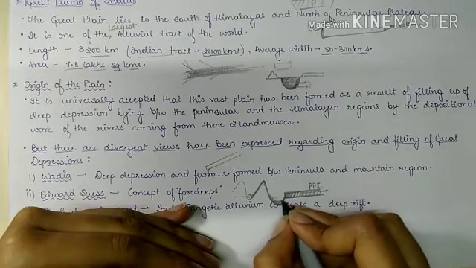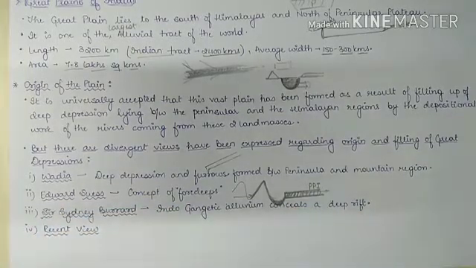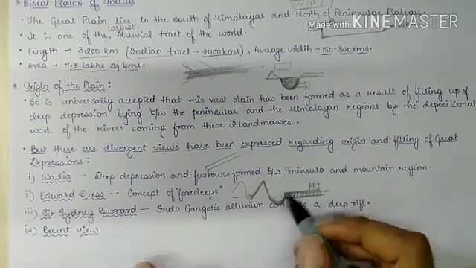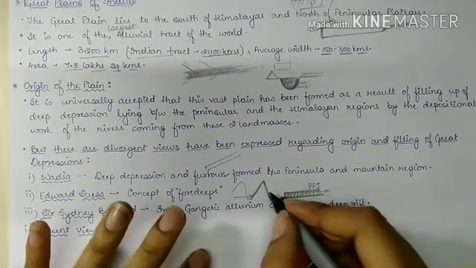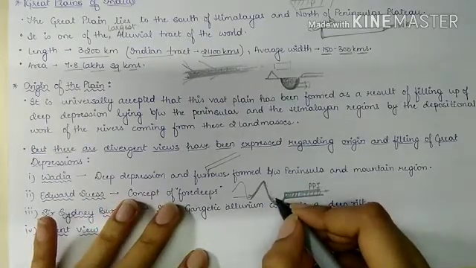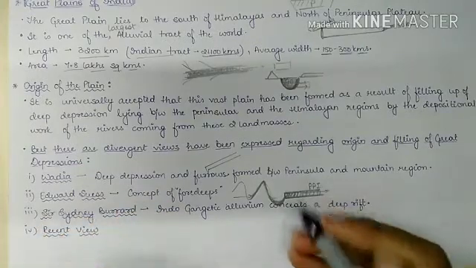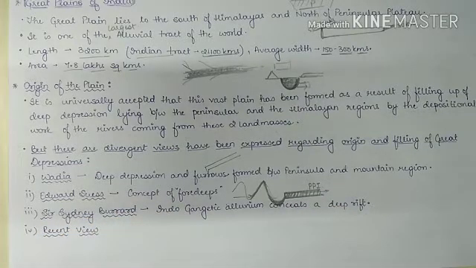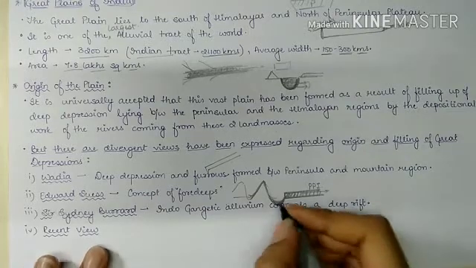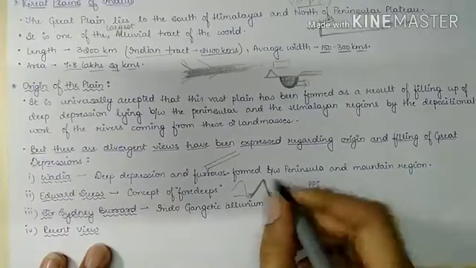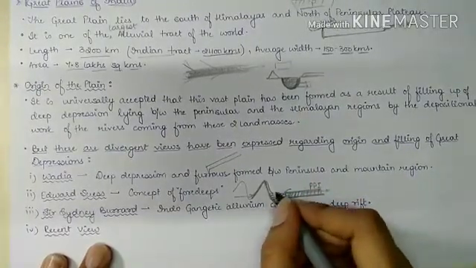So this foredeep is actually a trough, a large syncline, in which the alluvium brought by the Himalayan rivers and the peninsular rivers was deposited. In due course of time, this foredeep was filled with alluvium, and the Great Plain of North India was formed, because of deposition by rivers from both sides.